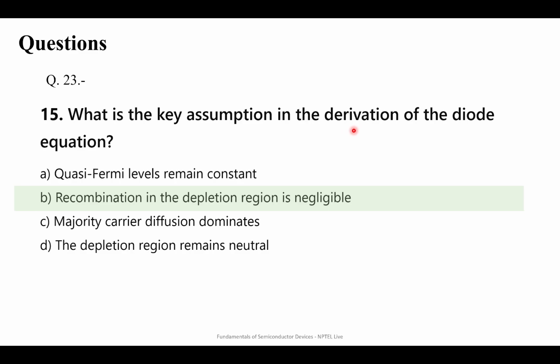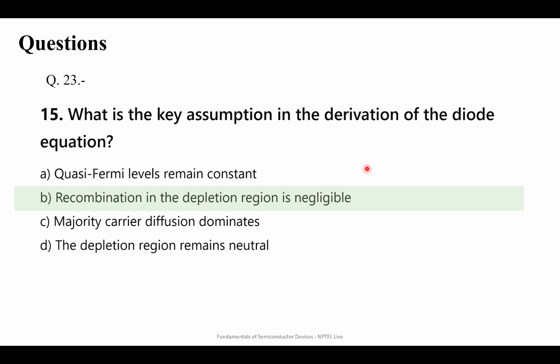If you see the formula, it is I naught e power qV by kT minus 1. There, e power qV by kT is the amount of carriers being injected due to the applied potential, and I naught is the minority carrier current.